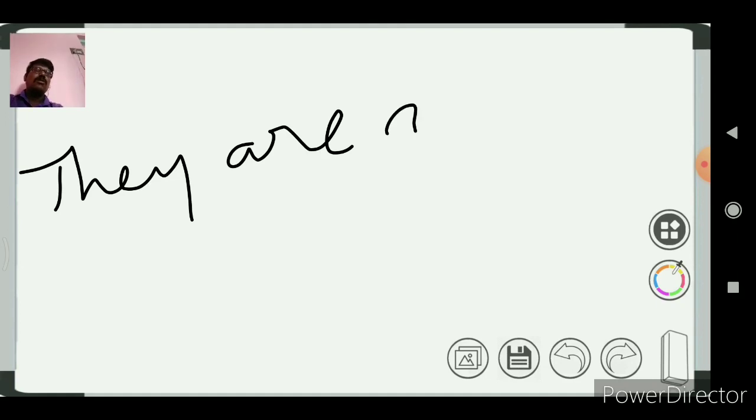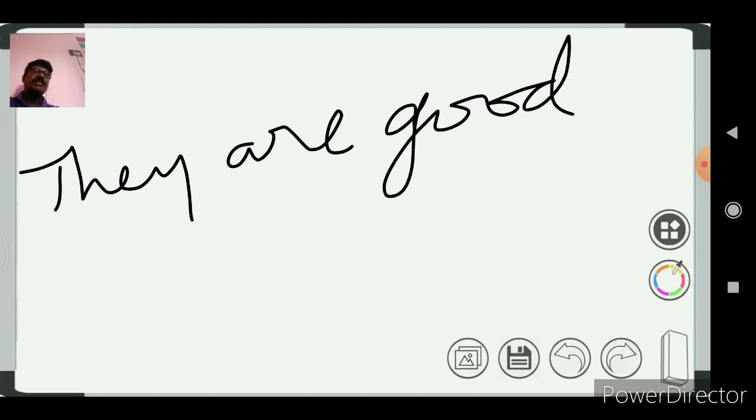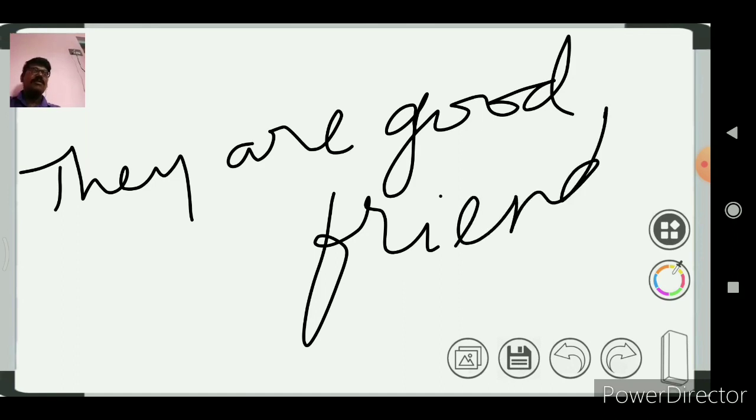So let us learn one more sentence. They are good friends. What is the verb here? Come on, find out your verb. Right, you are right. Are is the verb. Now, is it the main verb or the auxiliary verb?